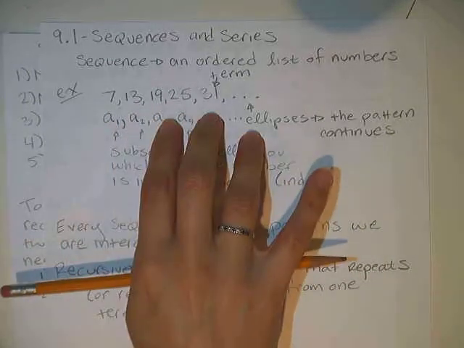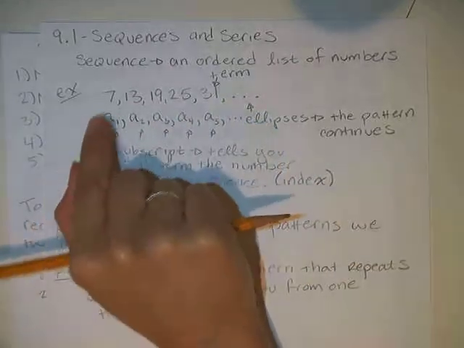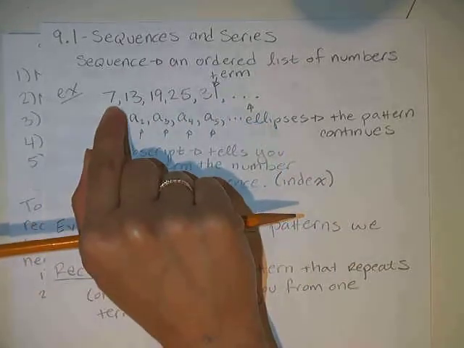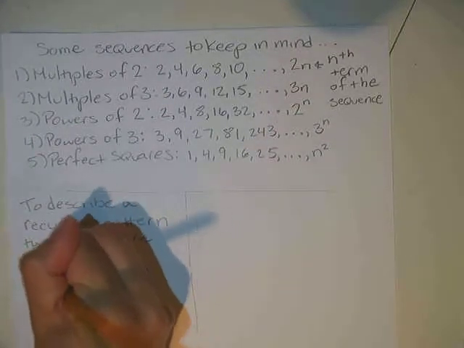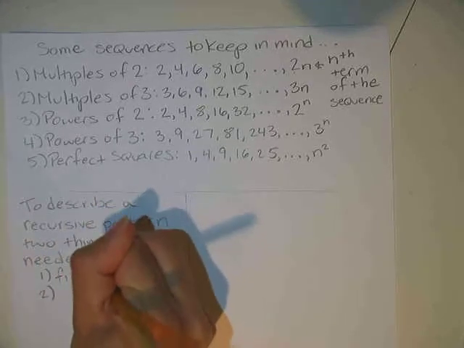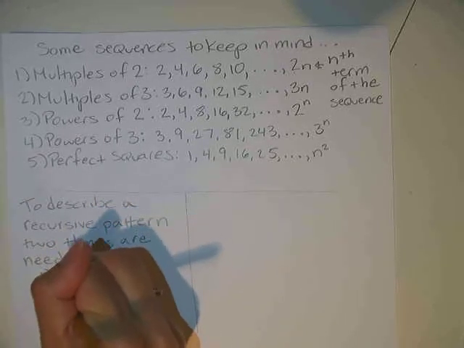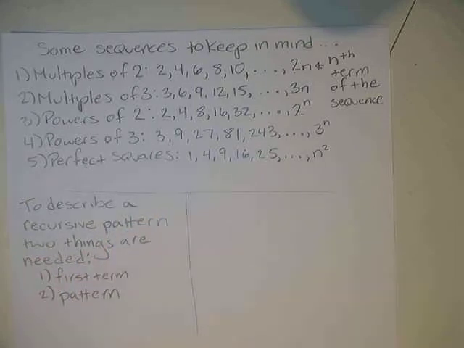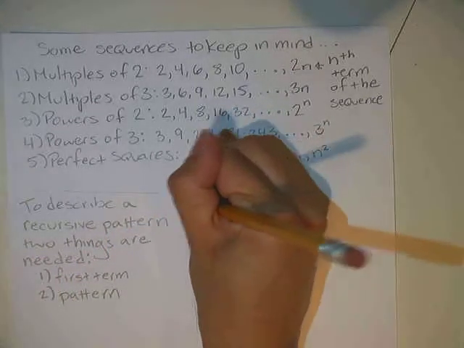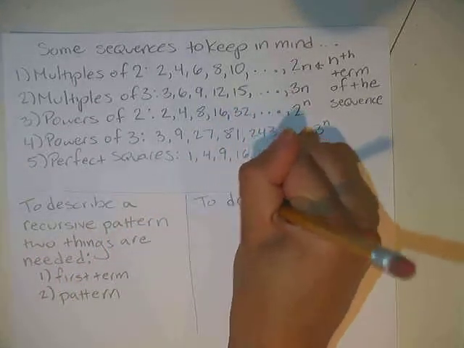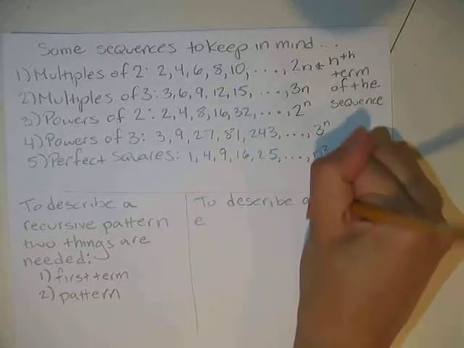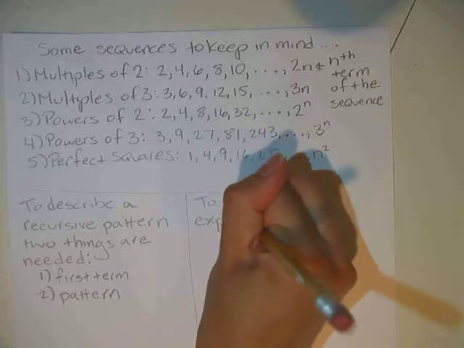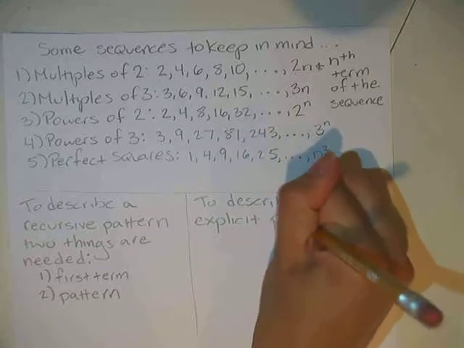Do you remember that first sequence we looked at? The recursive pattern was to add 6. But if that was all I told you, you would not be able to recreate this sequence. You would also need to know that the very first number was 7. So the two things you need to know to create a sequence recursively is the first term and the pattern.